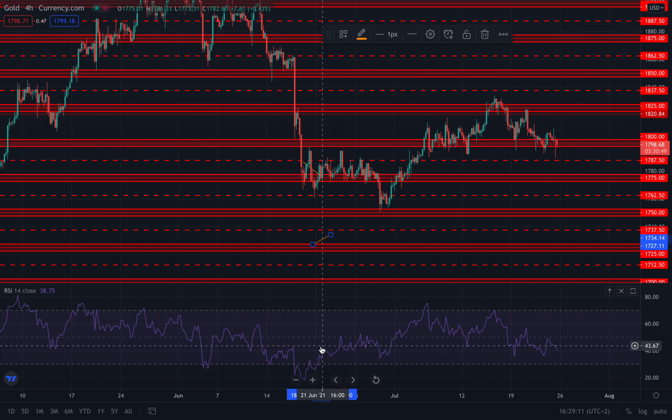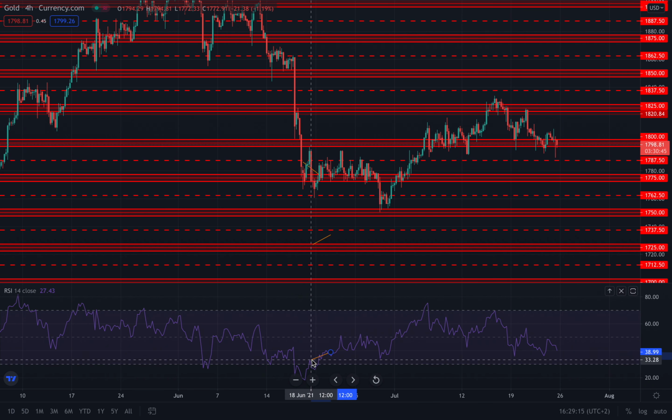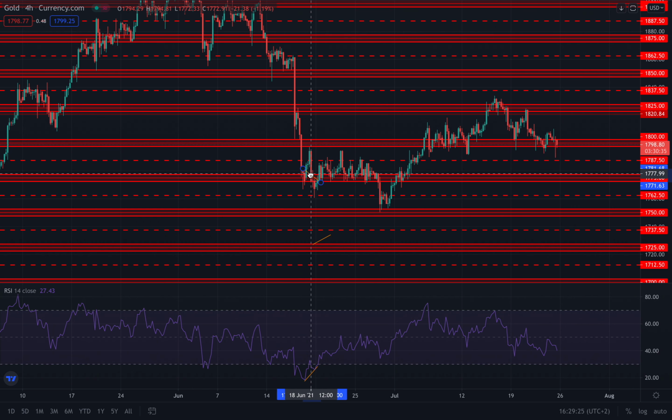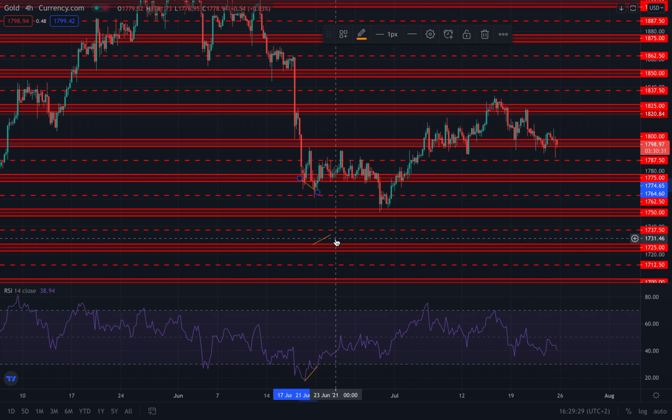I wanna copy that, then I wanna use it here. So as you can see here, what the market did, it's more like an uptrend. They were going down, then the market here is going up.